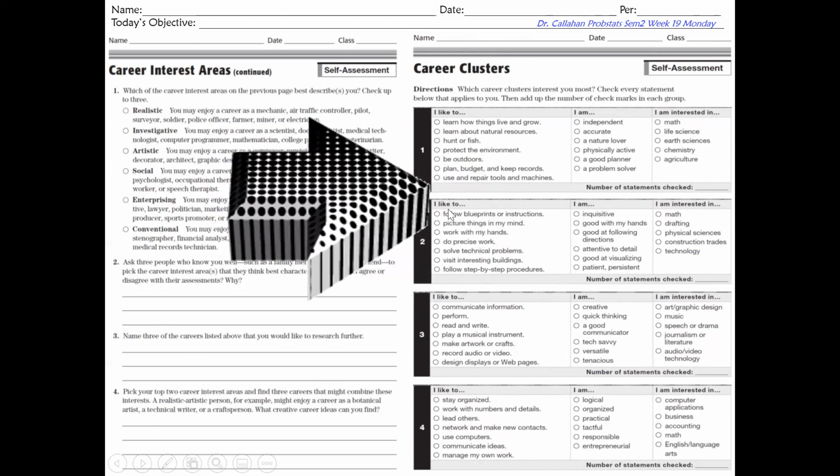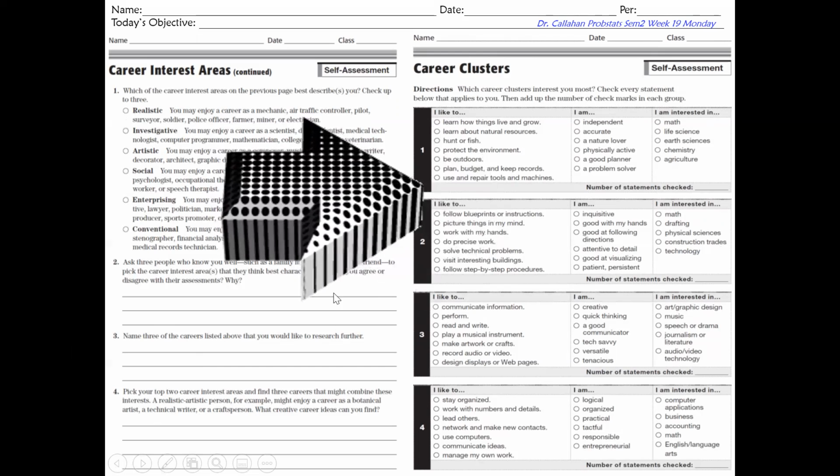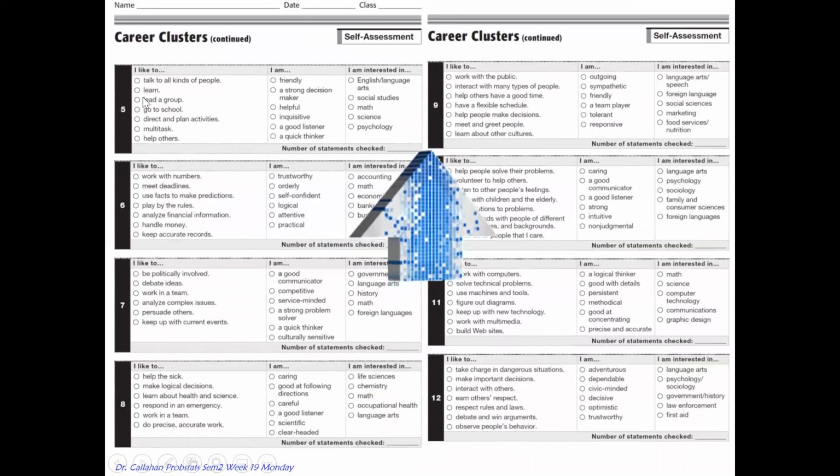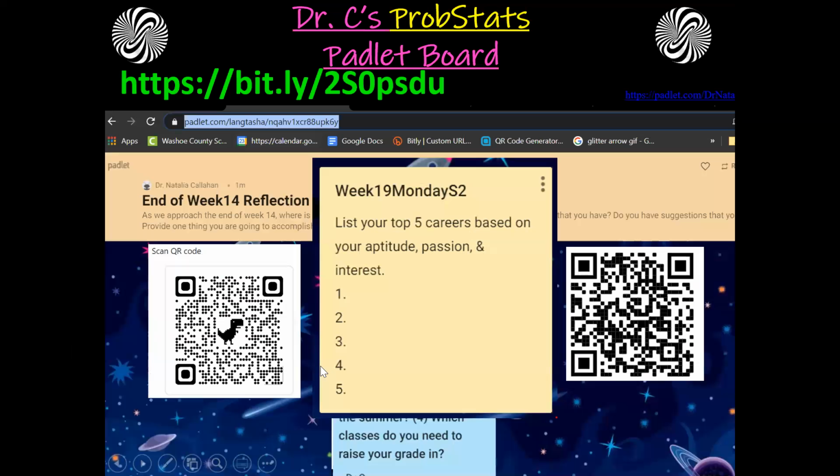Then I'm gonna have you guys go over here on a career cluster, answers 1 through 12. When you guys are done with that, I have a Padlet. Based on your survey, what are the top 5 careers based on your aptitude, passion, and interest? So make sure you list your 5 careers on the Padlet. You can use a QR code or the link.